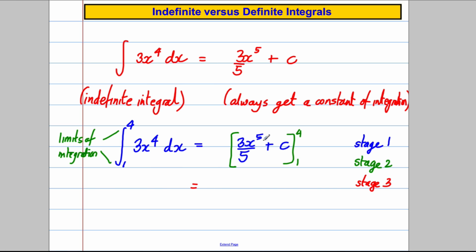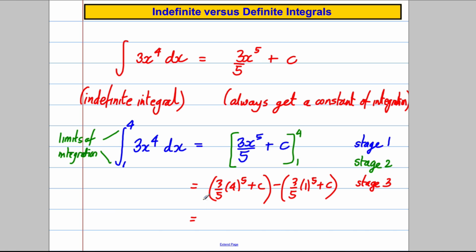So you would put in 4 in here, so you would have 3/5, and you would put 4 to the power of 5 plus c. You would put in 4 to the whole thing. Now c is just c, you can't put 4 in, so you would work that out. And you would take away the answer when you put 1 in. 3/5, 1 to the power of 5 plus c.